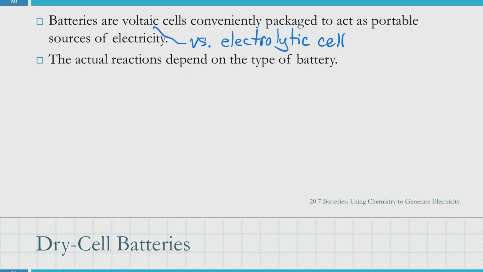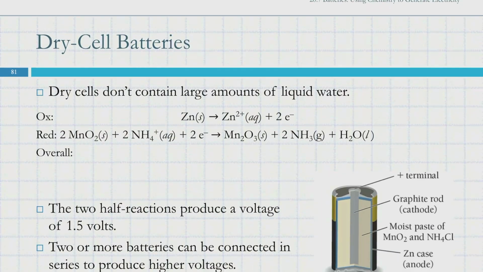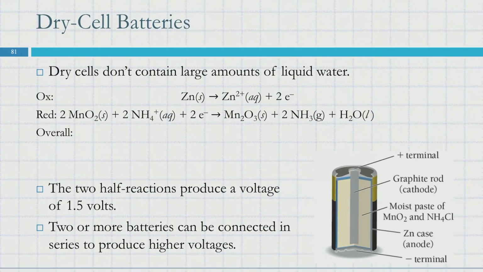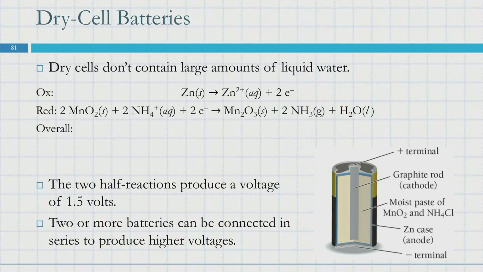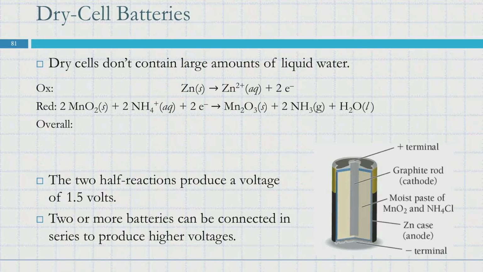So batteries are little spontaneous voltaic cells that act as portable sources of electricity, as you know. The type of reaction that occurs depends on the type of battery. One type of battery is a dry cell battery, called that because there's not a lot of water in it. They do contain a little bit of water because you kind of need a little bit of water in there. As an example, you could have a zinc half reaction with a manganese 4 oxide half reaction and some ammonium.